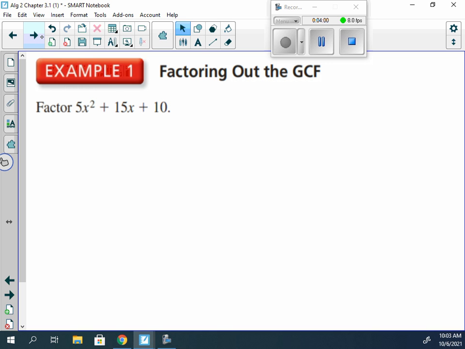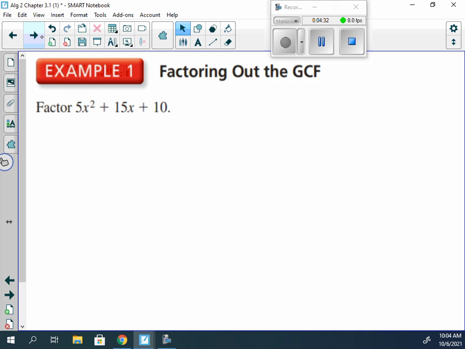Well, so whenever we look at this here, the first thing we need to look for is a greatest common factor. First thing we're looking for is a greatest common factor. Now looking at this here, and I will post these steps to Google Classroom for us.